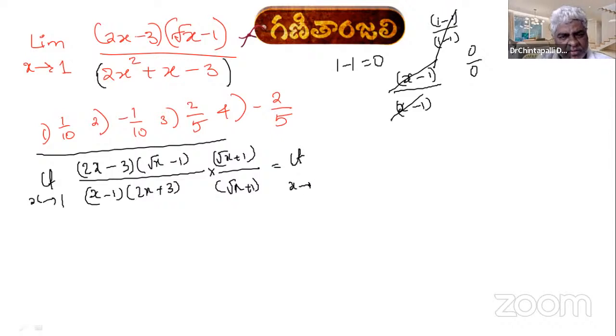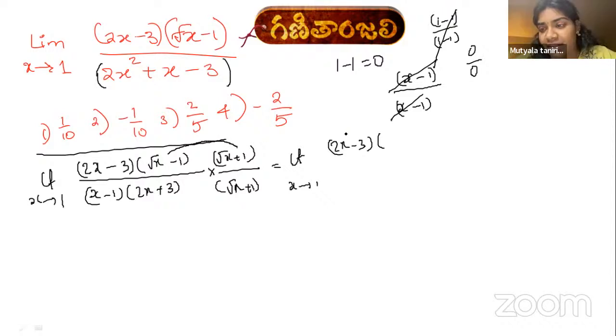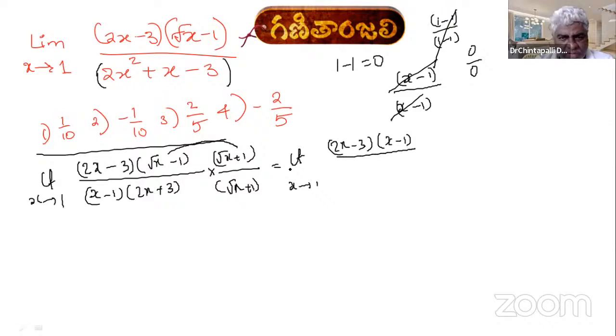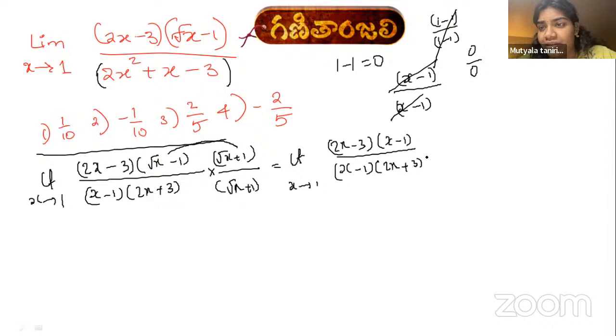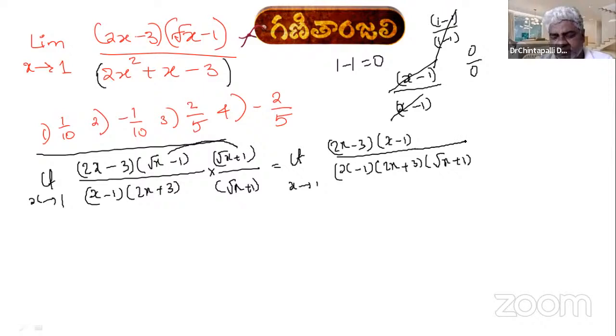Limit x tends to 1, 2x minus 3 times, using a minus b times a plus b, x minus 1, whole by x minus 1 times 2x plus 3 times root x plus 1.